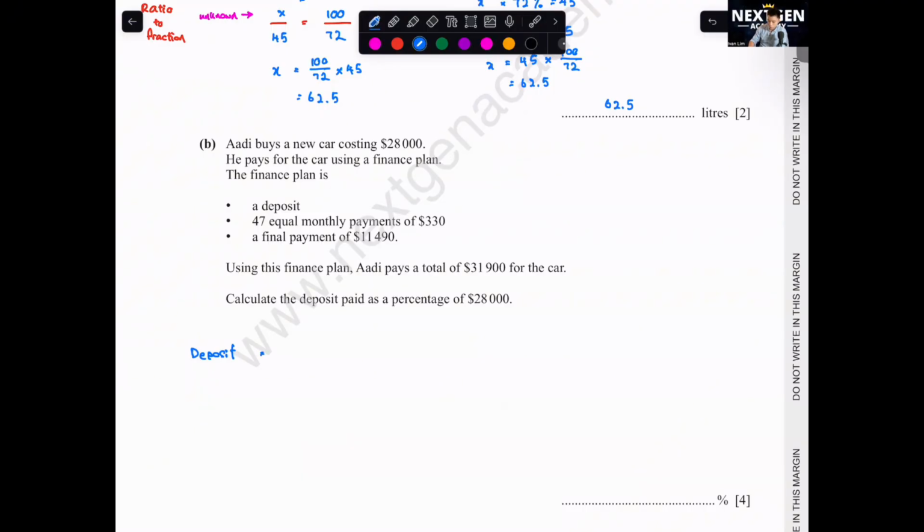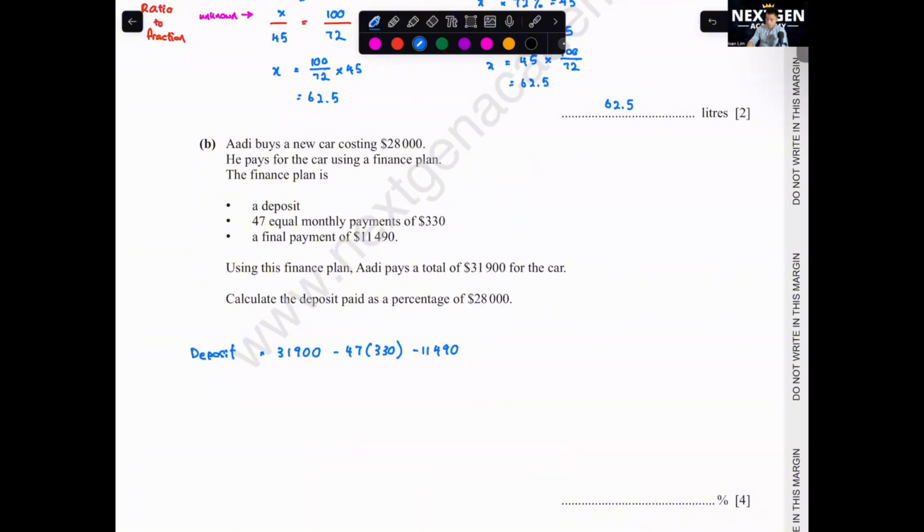Deposit is equal to 31,900 minus, you've got 47 payments, right? 47 times 330, then minus 11,490.